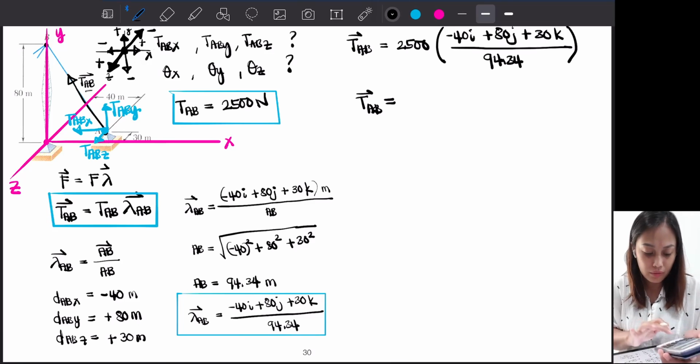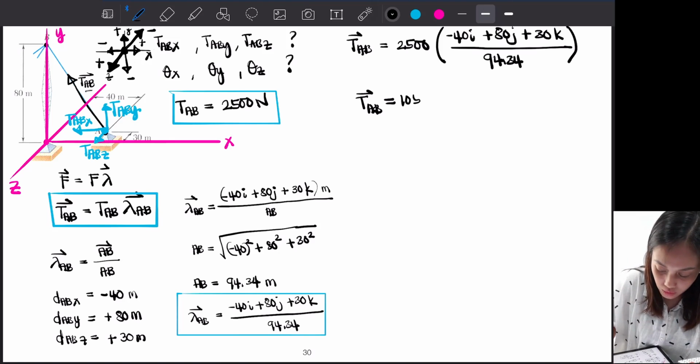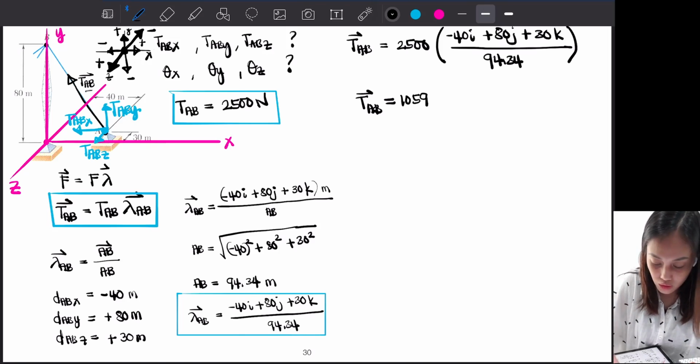So this is equal to 2,500 times 40 divided by 94.34, or 1,059.995, which rounds to 1,060.